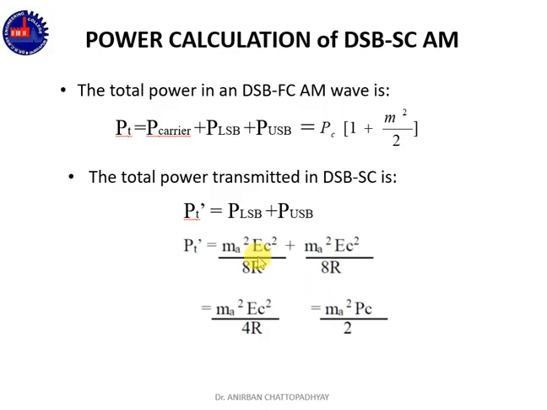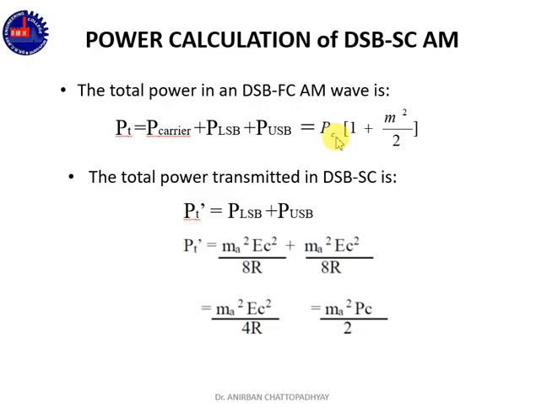So it will be ma square Vc square by 4R, and if we replace it with the carrier power, since Vc square by 2R is nothing but my carrier power, it rearranges to ma square Pc by 2. So remember, the total power of the DSBSC signal is ma square Pc by 2, and the total power of the DSBFC or conventional AM signal is Pc into (1 + ma square by 2).